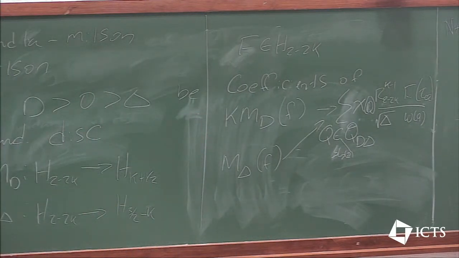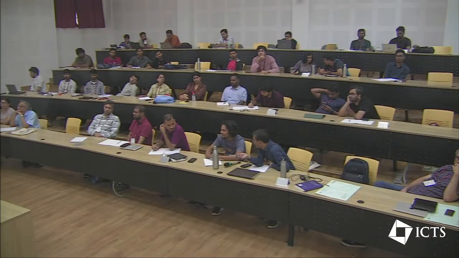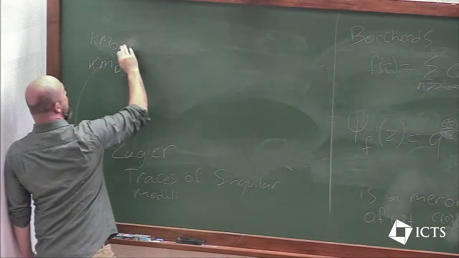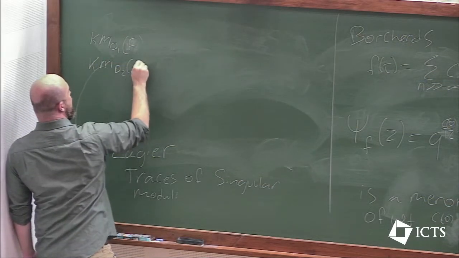Again, these coefficients get large, and I don't want to write out a whole lot of coefficients here. But say I start writing out these Kudla-Milson lifts, and these depend on this discriminant d, so d1, and then a Kudla-Milson lift, say with respect to d2 of f, okay?